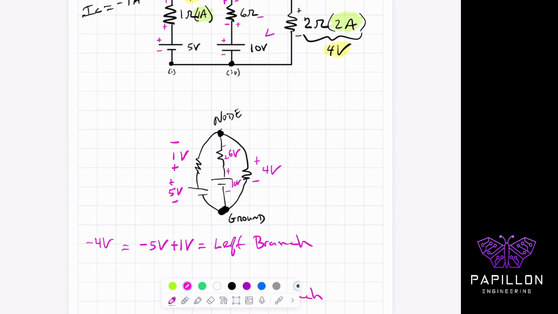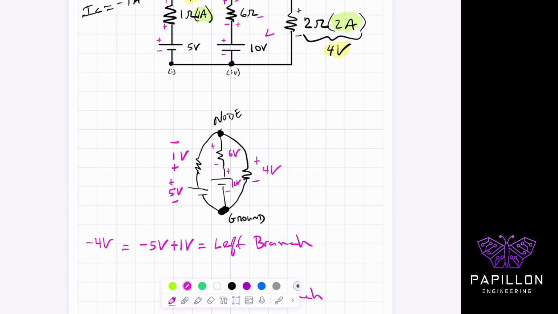So 6 volts is what we get back. Ultimately, what we get back in the middle is also 4 volts, which shows us that we did the right thing. And if you're wondering about the sign convention, let me put it this way so it's a little more obvious.